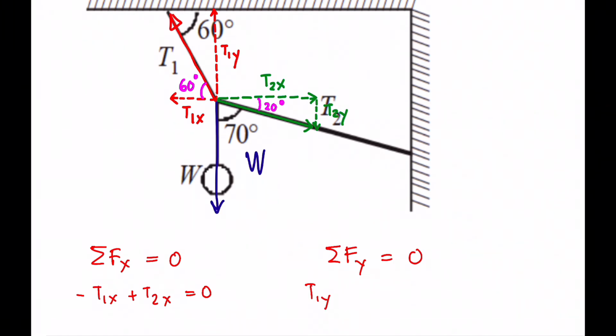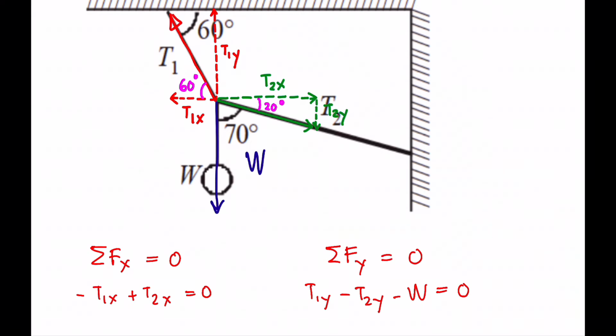On the other hand, T2y, the y component of T2, points downward, so we will have negative T2y as well as negative W because this force points downward. So we will have minus W is equal to 0.